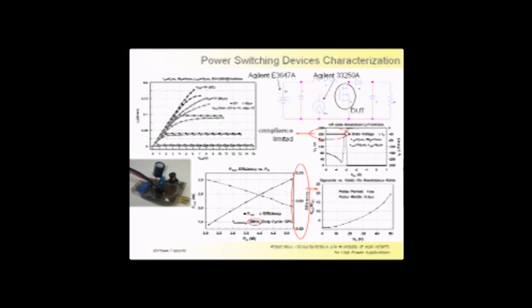This is a summary of the typical measurements we carry out on our devices: DC and pulsed IV characteristics, and off-state breakdown with a drain current of 1 milliamp per millimeter. In this case, the breakdown voltage was higher than 200 volts, so we have a compliance limited measurement.